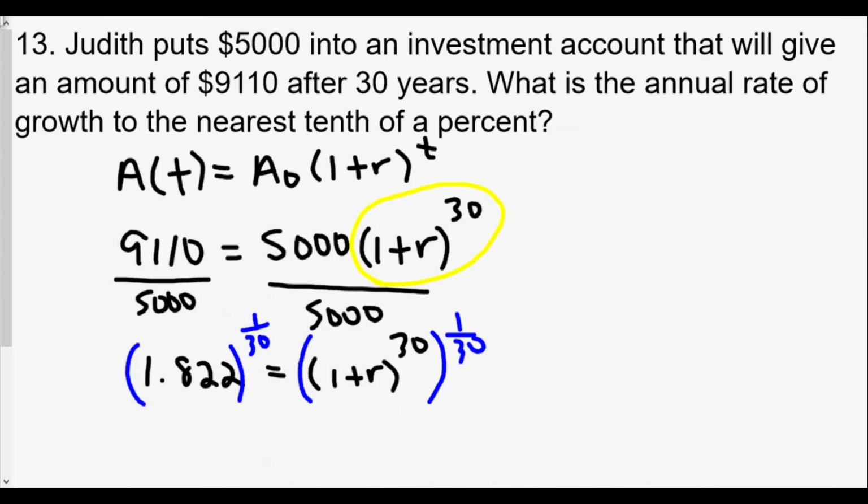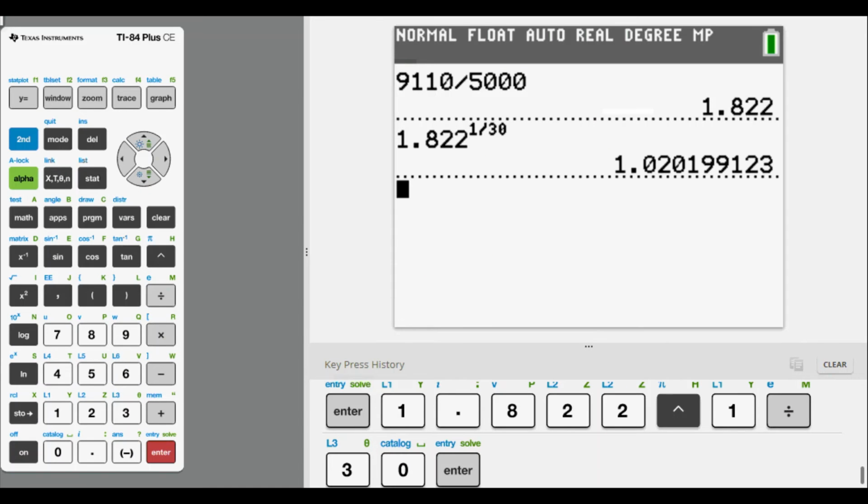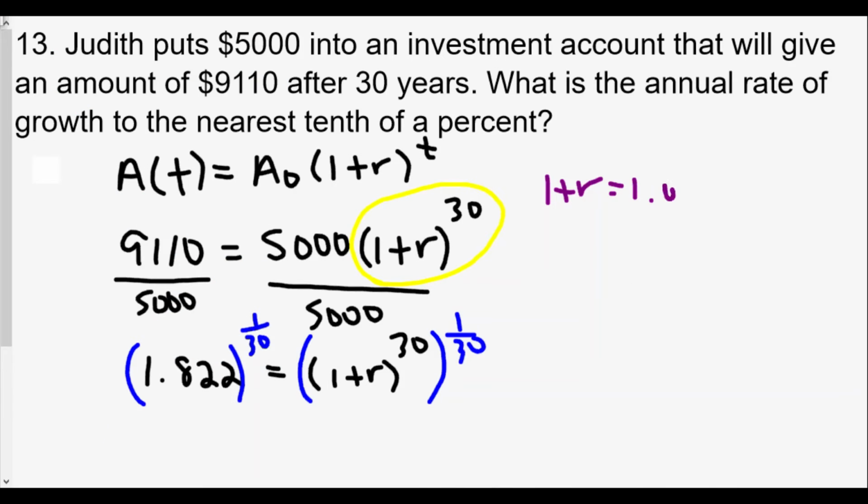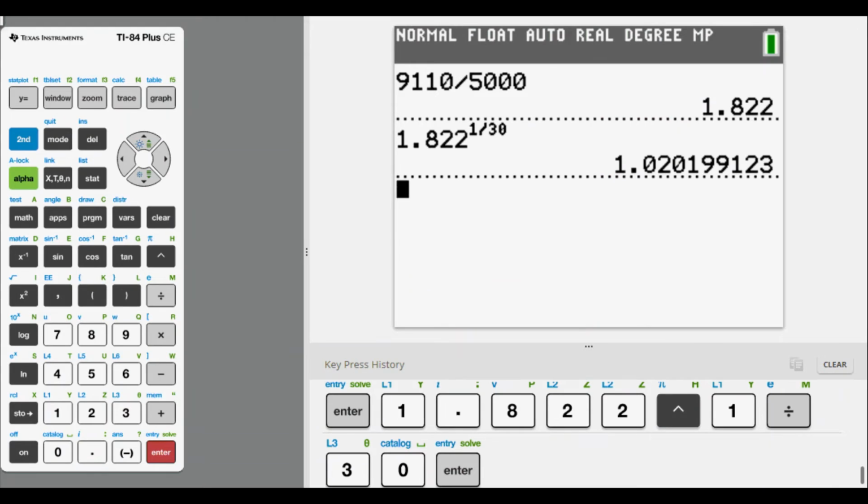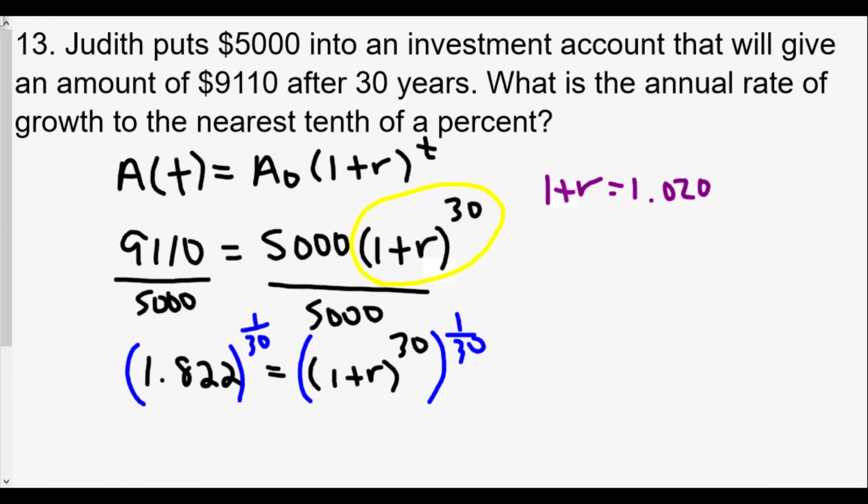Okay, yeah, 1 over 30 because 30 years. So we get in this case 1 plus r is equal to 1.020199123.